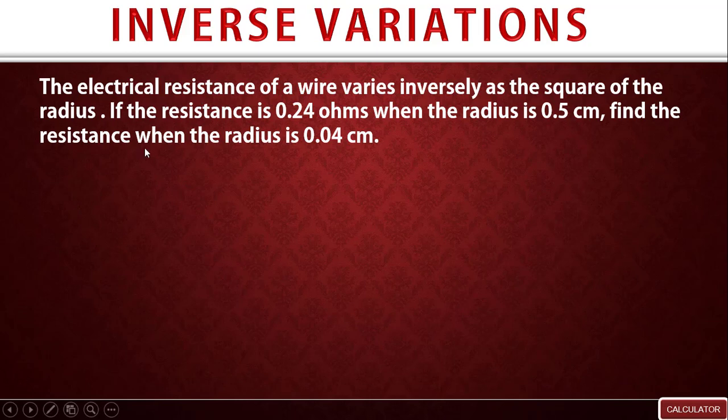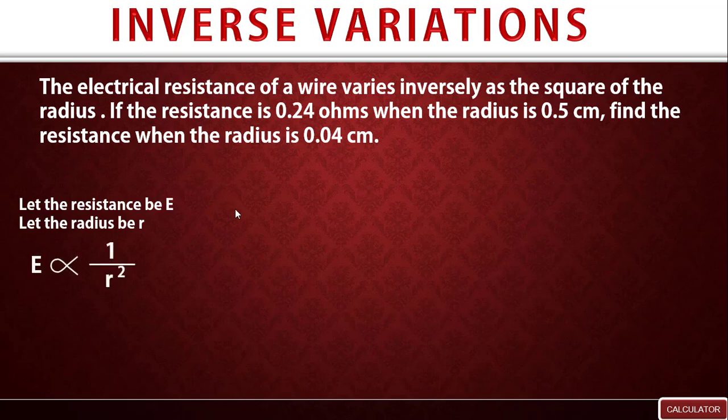So the first thing we do is to let the electrical resistance be E and the radius be R. Mathematically, we'll have E is inversely proportional to R squared. You get the idea? The next thing will now be E equals K all over R squared. From here, this is our connecting formula.